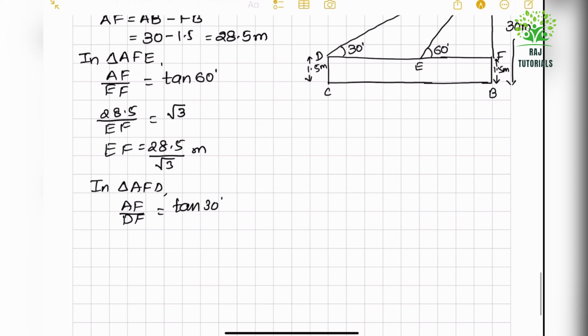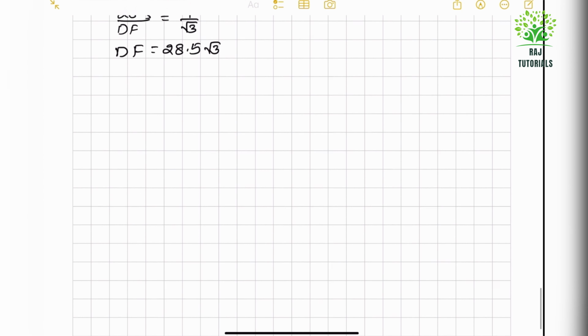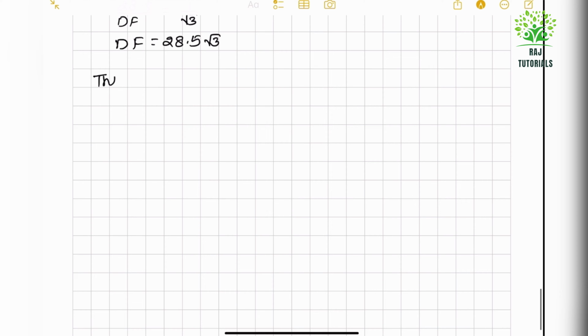Now in triangle AFD, AF upon DF equal to tan 30. So 28.5 upon DF equal to 1 by root 3. So DF equal to 28.5 root 3.